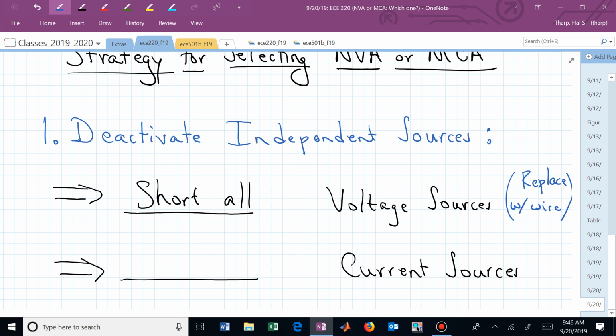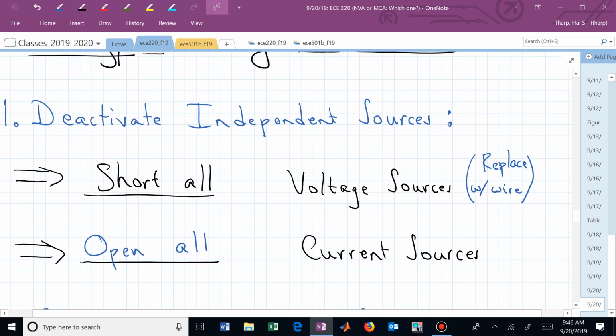What if we just remove it? Or if we put an infinite resistance, that's like removing that entire source. So now we're opening it up. So now we open up all of our current sources. Or instead of replacing with a wire, we actually remove these from the circuit.